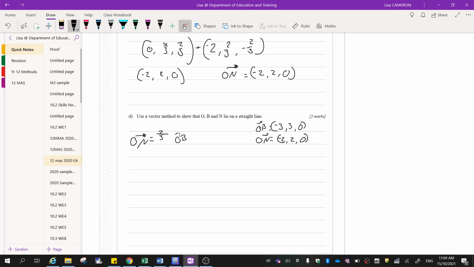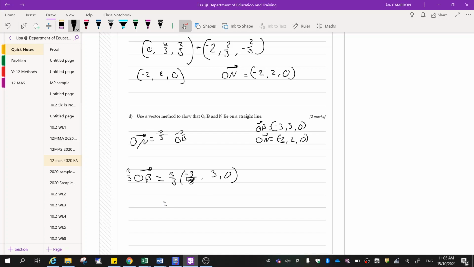Now, just to confirm that, we can write it out over here. 2/3 of OB is equal to 2/3 of OB, which is -3, 3, and 0.